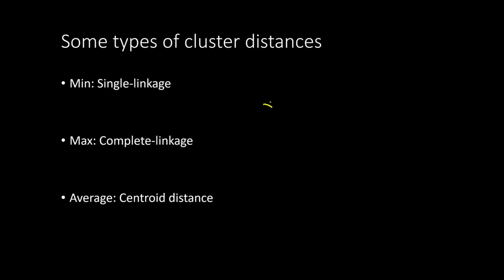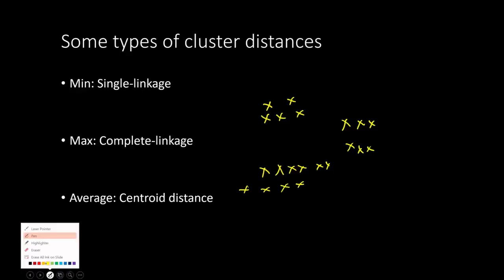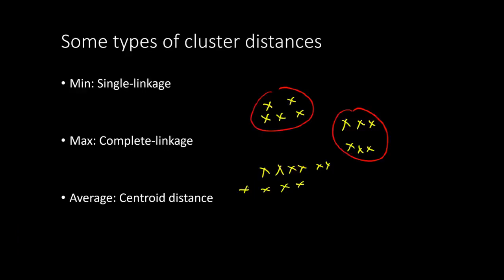So for example, if you have this cluster and this cluster, and you have a third cluster, let's say we have the following cluster memberships. This is one cluster, this is another, and this is the third. Now we want to decide which two of these three have to be merged.